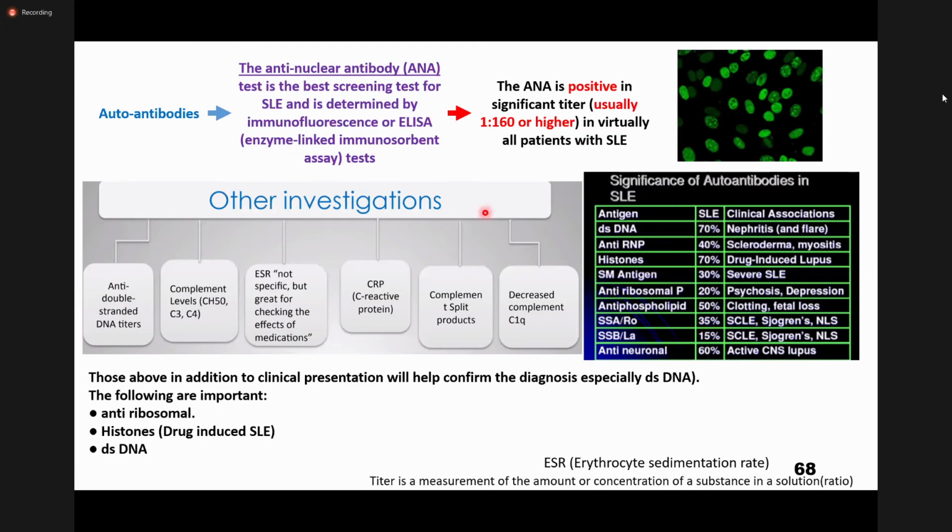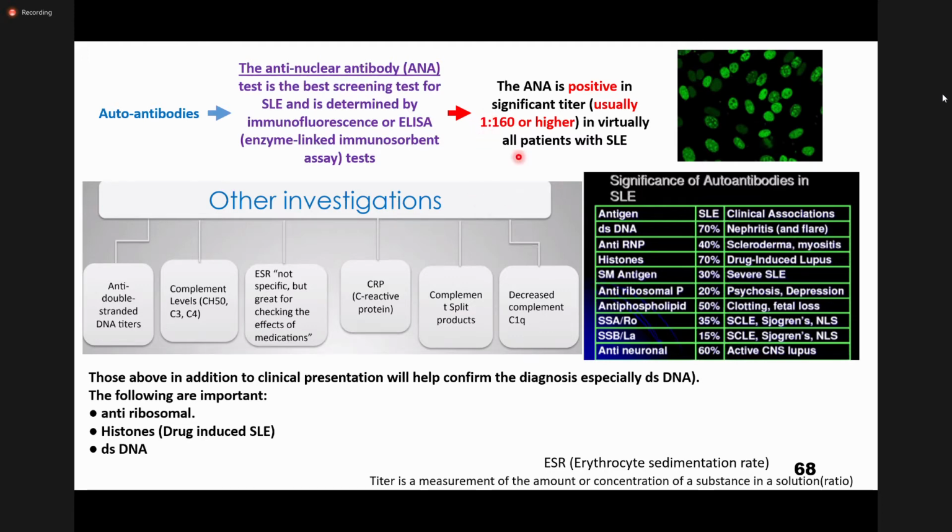So how are they detecting this kind of autoantibodies? In case of SLE, they detect mostly the anti-nuclear autoantibodies, or ANA, okay? So there are different regulations provided by the different health guidelines.